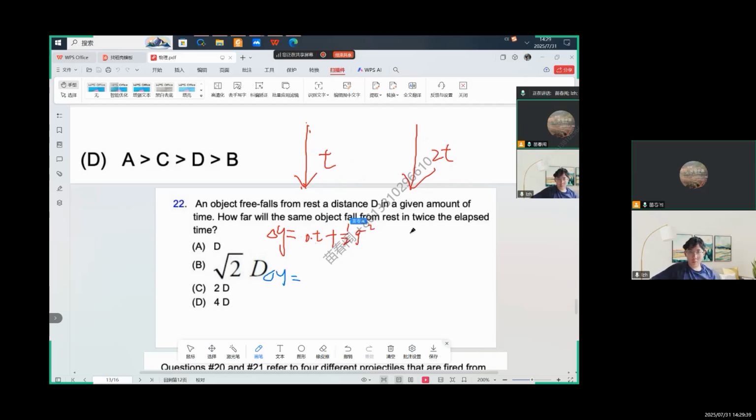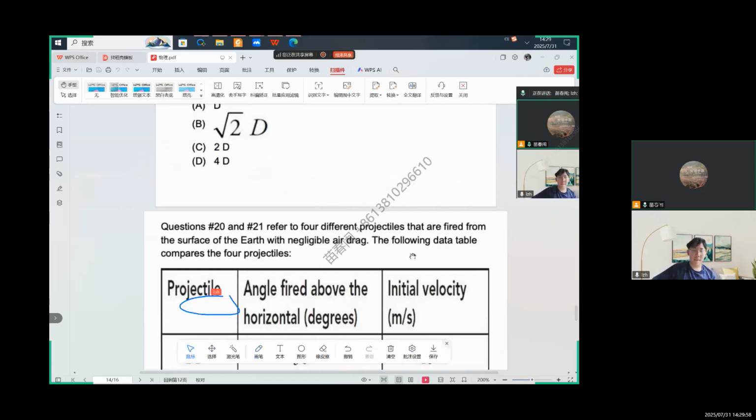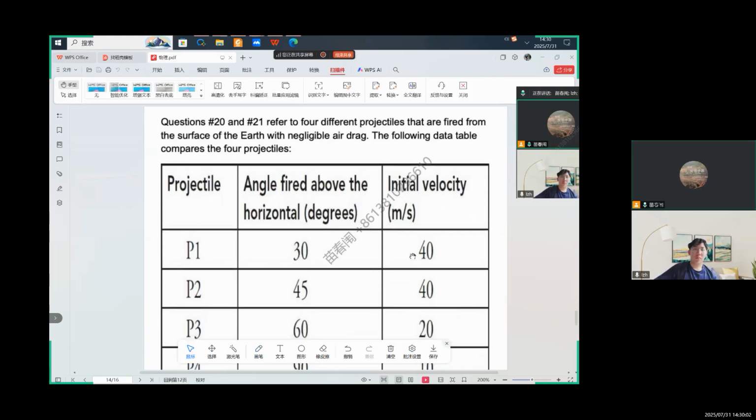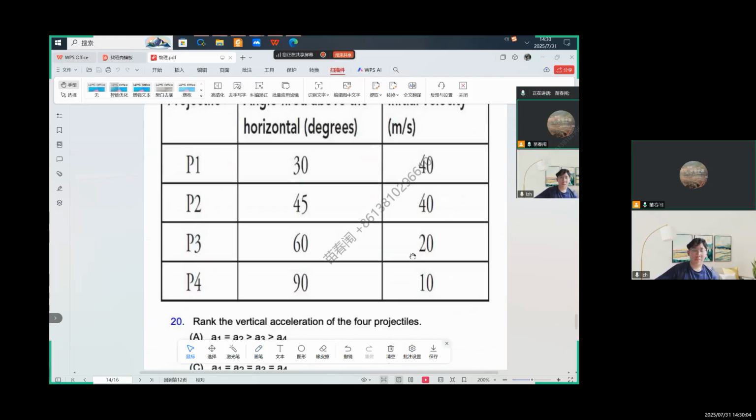And this time, delta y for the second one is 1/2 g (2t) squared, so it's 4 times. Substitute everything, and free fall just means 0 initial velocity.